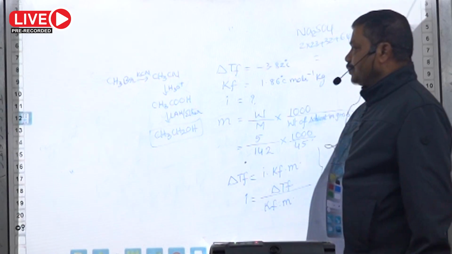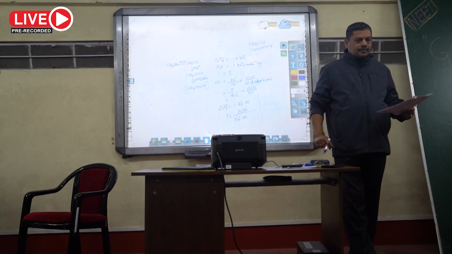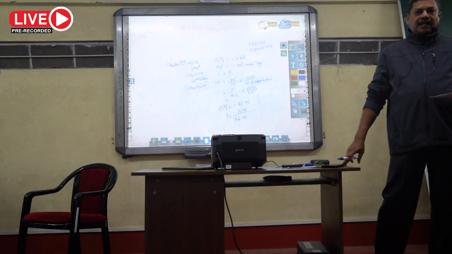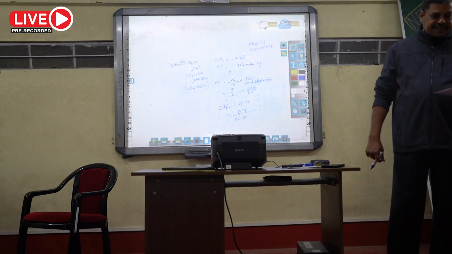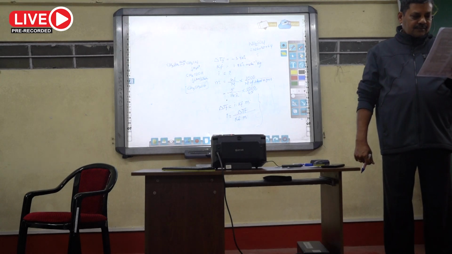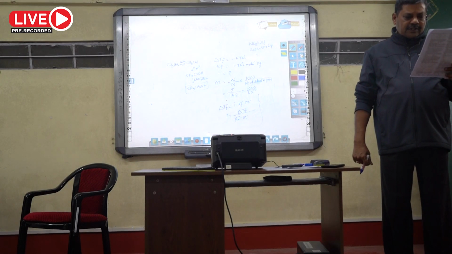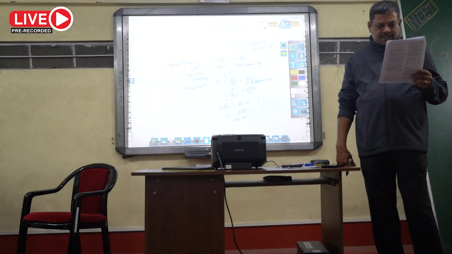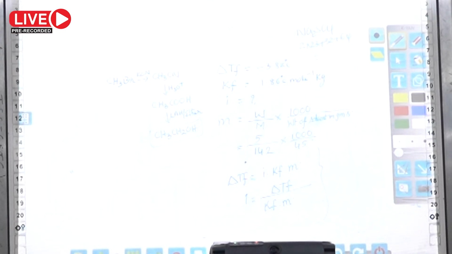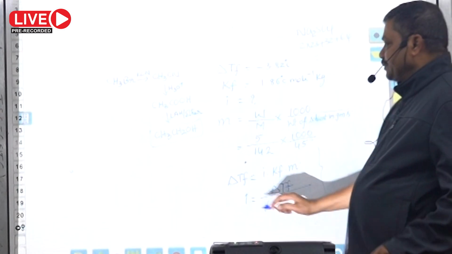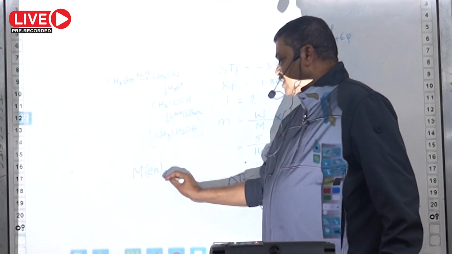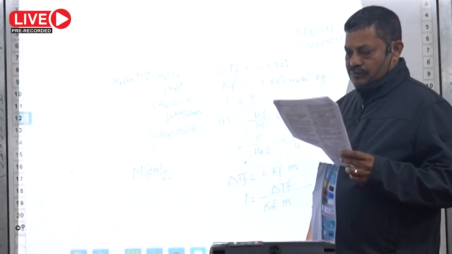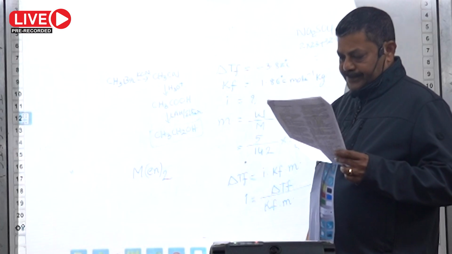Please add all these. How much? 142, into 1000 by weight of solvent. Weight of solvent how much? 45 grams.